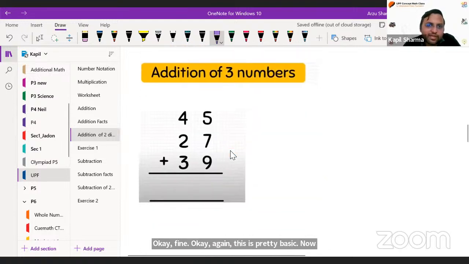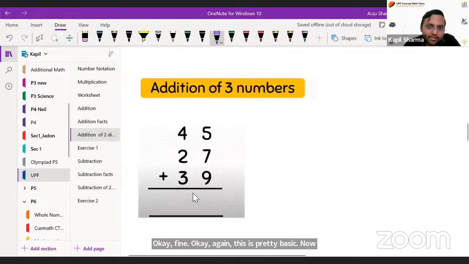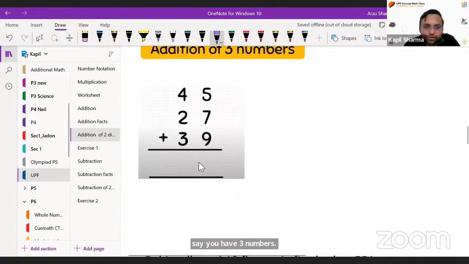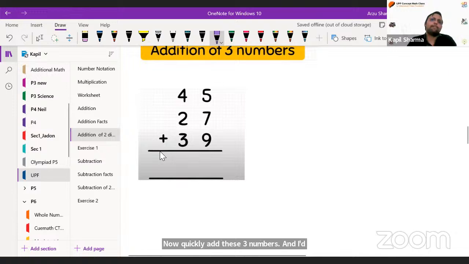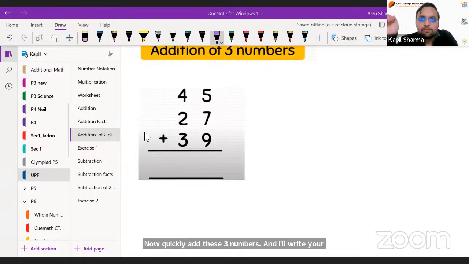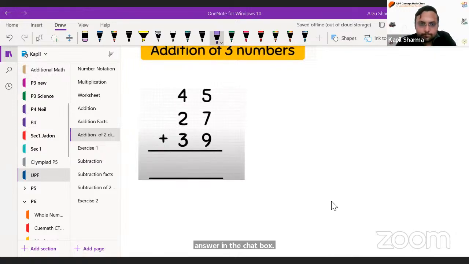Now, let's say you have three numbers. Now, quickly add these three numbers and write your answer in the chat box. Okay, Neetu answered.